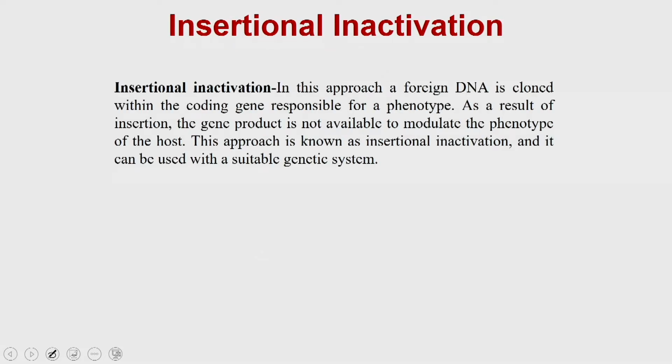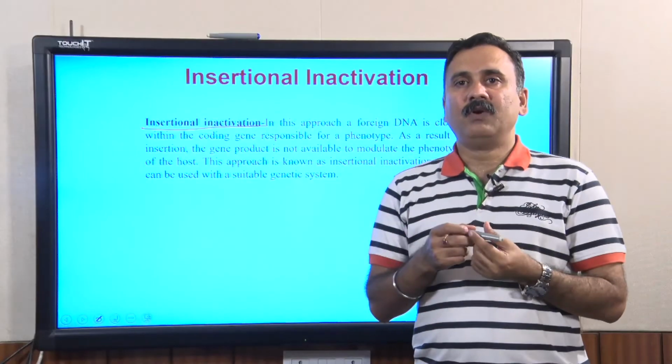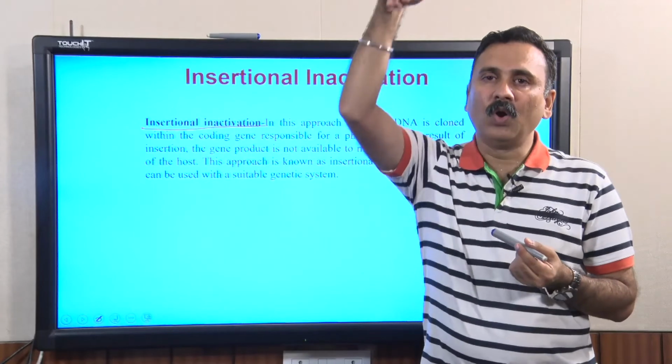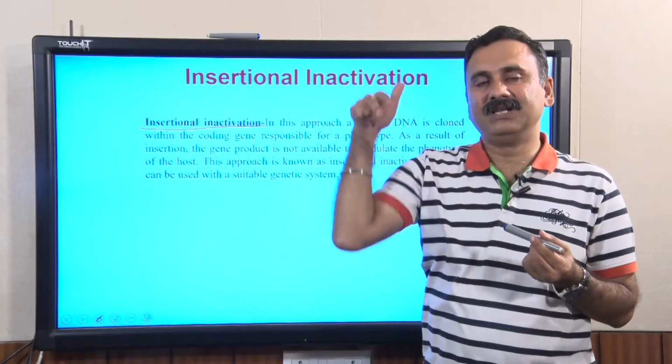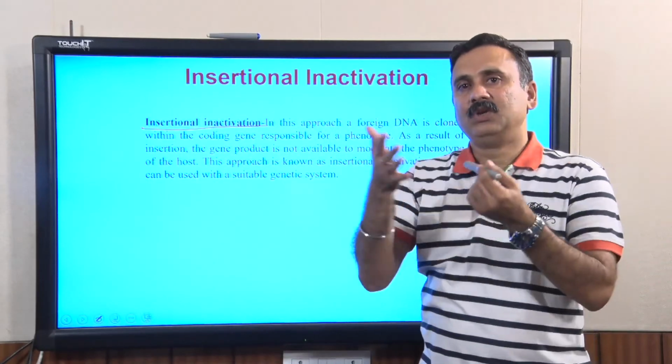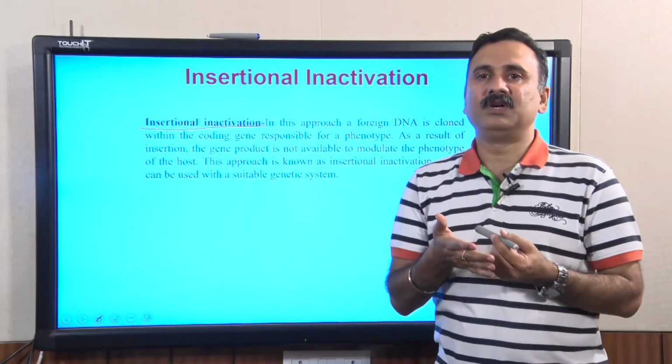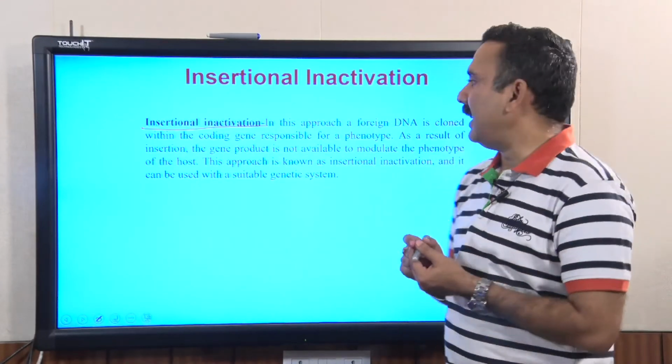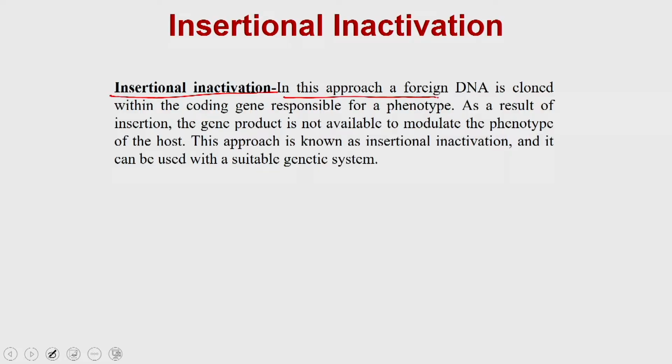Now the second approach is insertional inactivation. What is meant by insertional inactivation is that you have a functional protein or functional product, and you can clone within that functional gene, and because of that you are going to disrupt the function of that particular protein. So in this approach, a foreign DNA is cloned within the coding gene responsible for a particular type of phenotype.